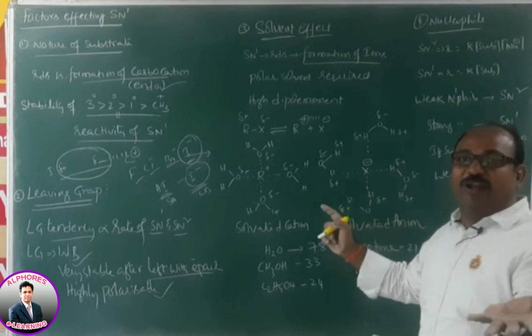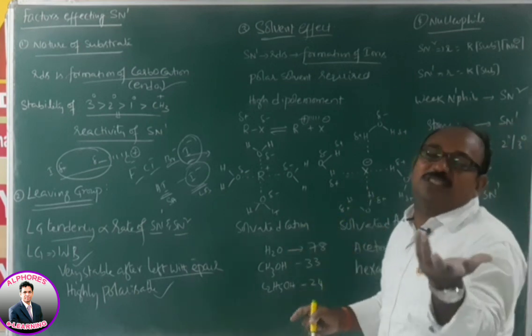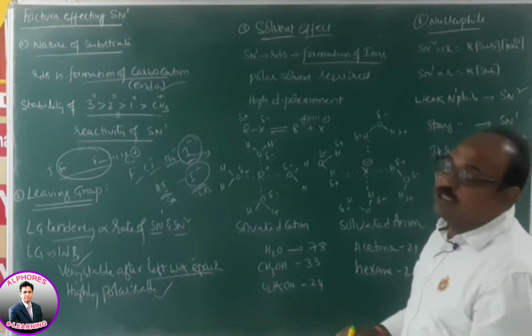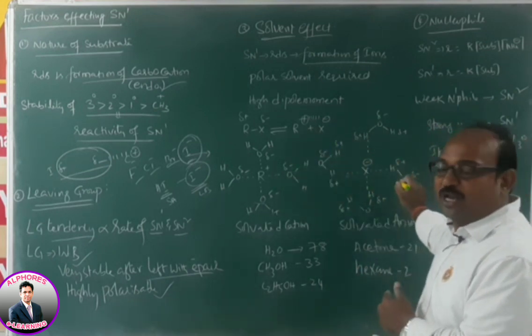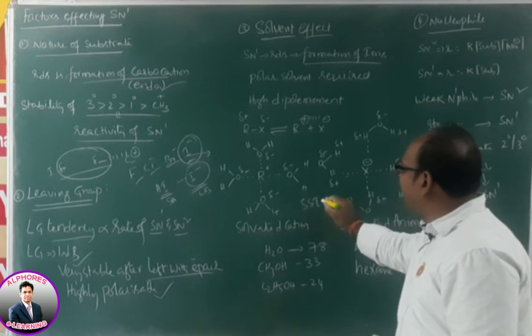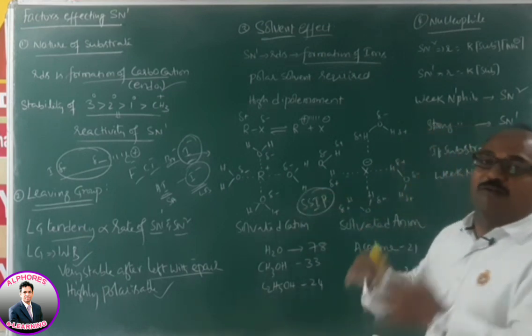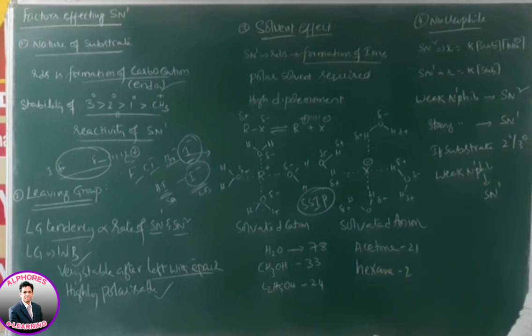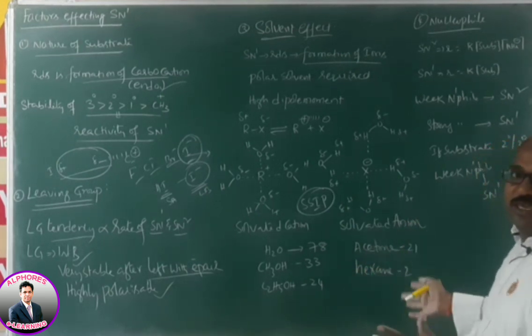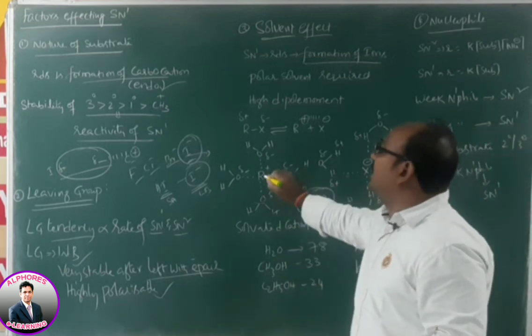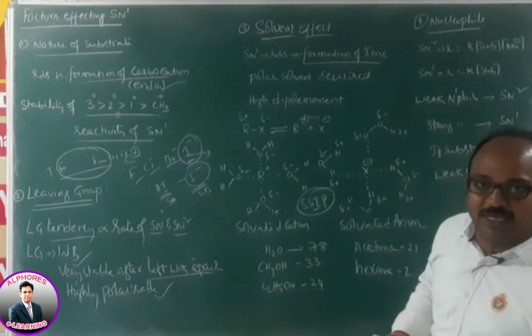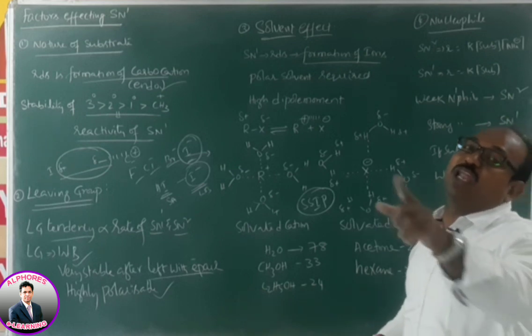Whenever the solvent is polar, it possesses both plus and minus, so it can solvate both cation and anion. This step is what we call the solvent separated ion pair. Whenever the intimate ion pair converts into a solvent separated ion pair, the next step, the attack of the nucleophile on the positively charged carbon, happens. Otherwise you only get the inverted product.